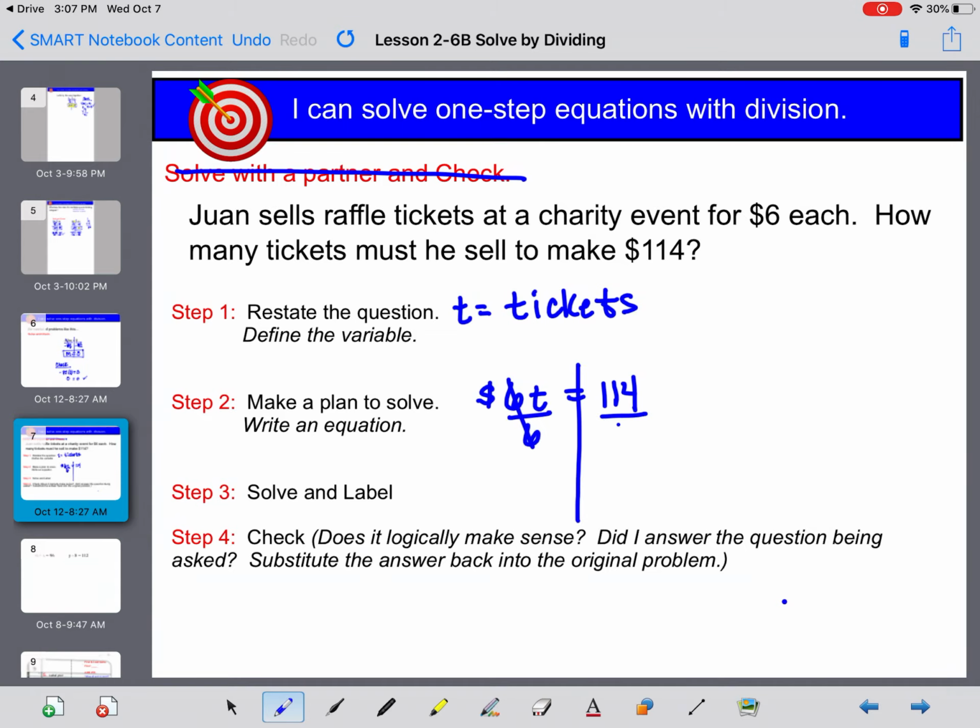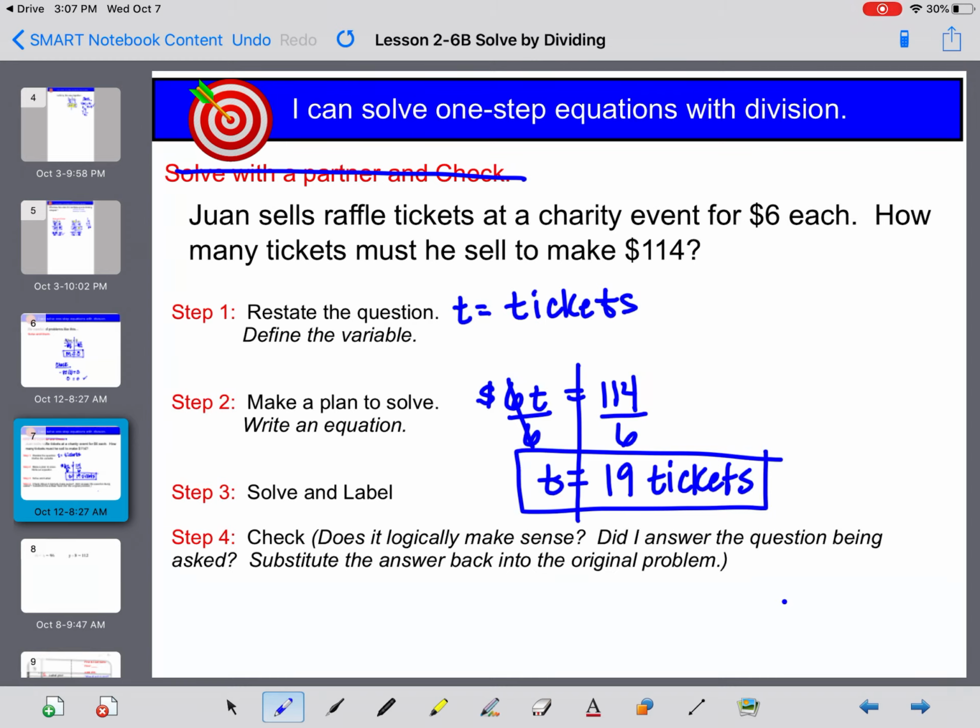Solve and label my answer. So I'm going to divide both sides by 6. T equals. So then I take 114 divided by 6 and I get 19. 19 tickets. If he sells exactly 19 tickets, he will earn $114.